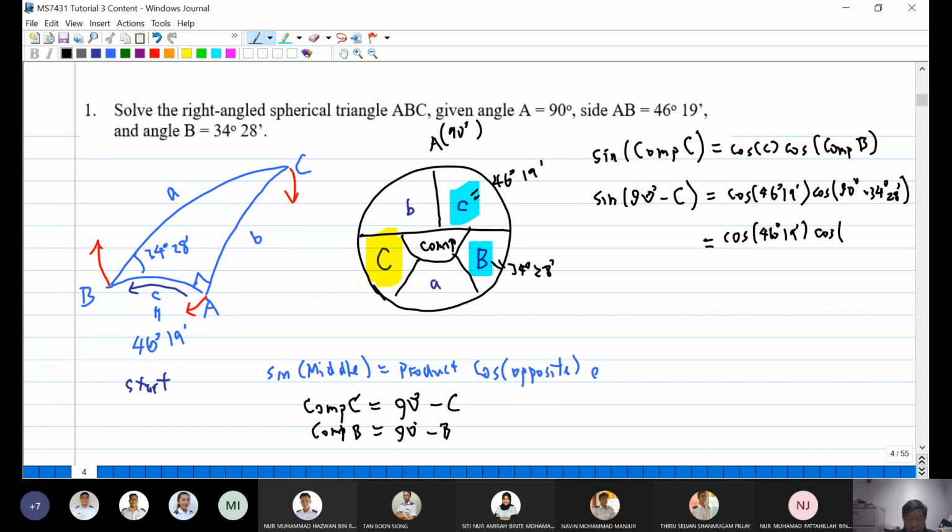Okay, so this is 55 degrees 32 minutes. So you multiply them together, so the cosine of this thing times cosine of 46 degrees 90 minutes here.